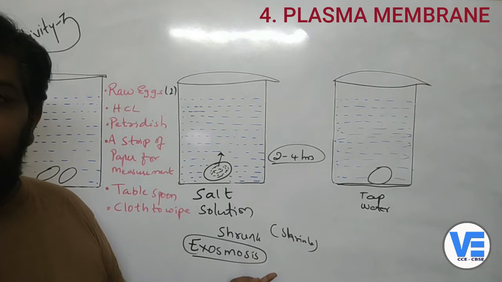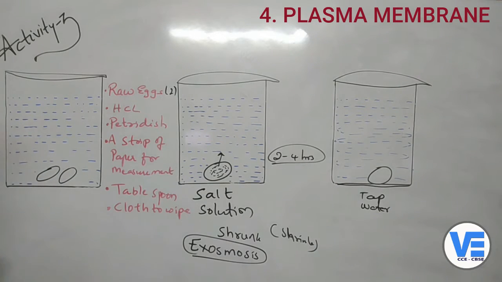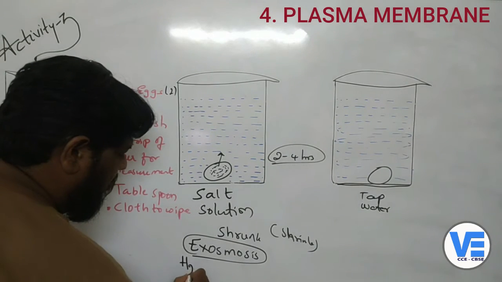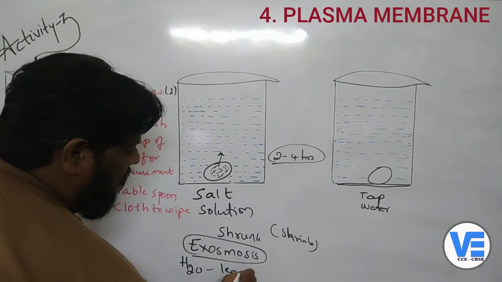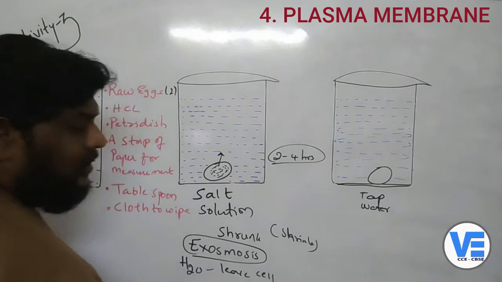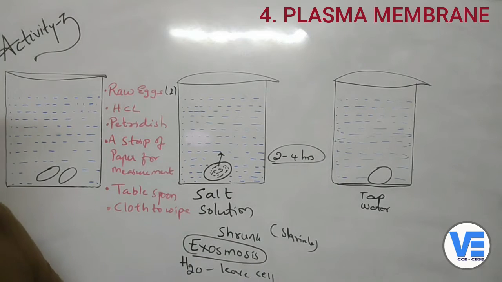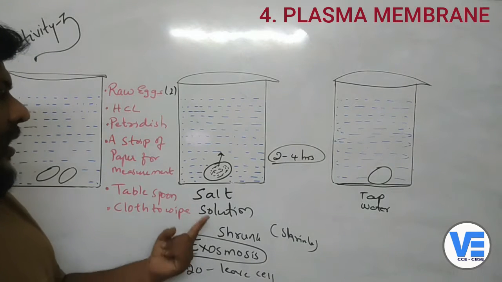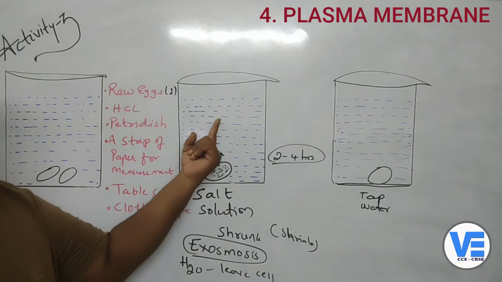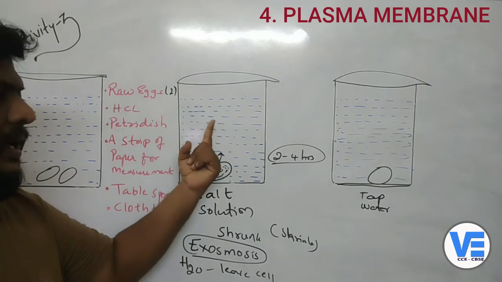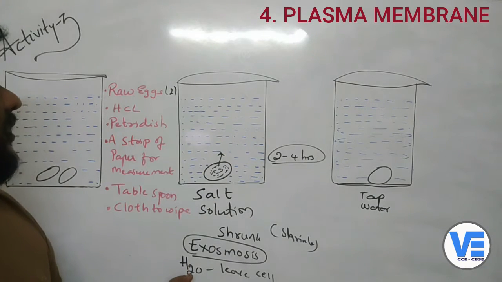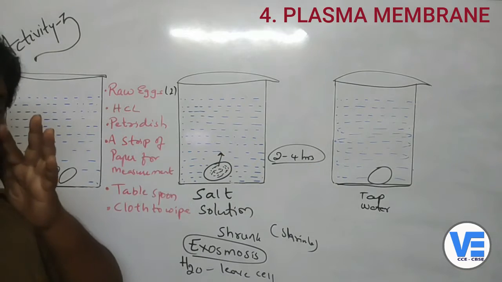So what is happening in osmosis? The water molecules leave the cell and enter into the salt solution which is in the beaker. That is what happened in the egg which we kept in the salt solution.